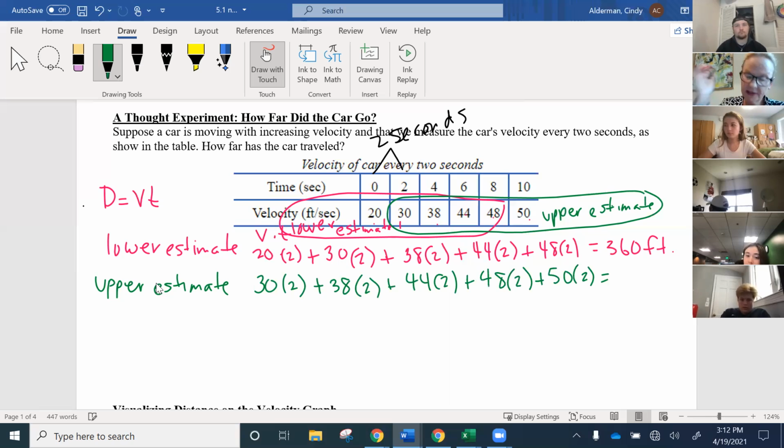And if you calculate all of that, you would get 420 feet total distance traveled. But an even better estimate would be averaging those two, right?